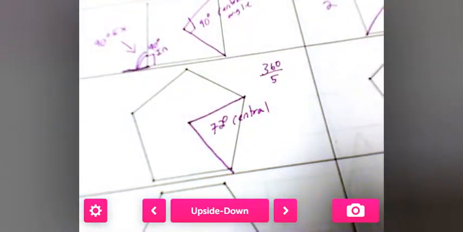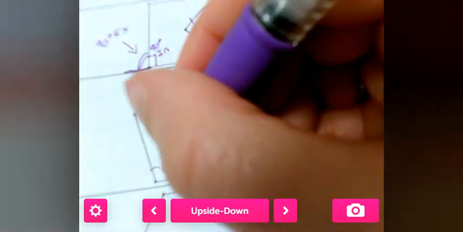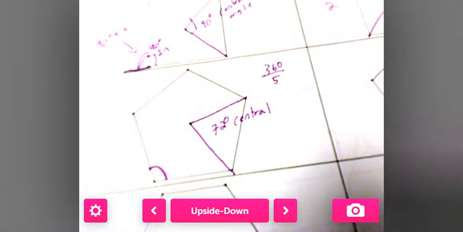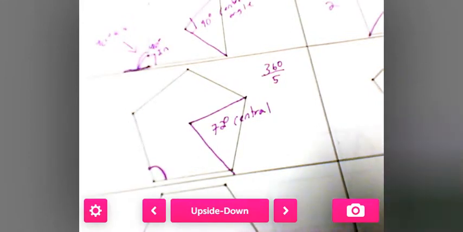Did we see how that worked? Okay. 72 degrees. My interior angle is going to be how much? So this angle right here does not look the same as that angle right there. How am I going to figure that out? What'd you say? So if I do 360 minus 72, what do I get?